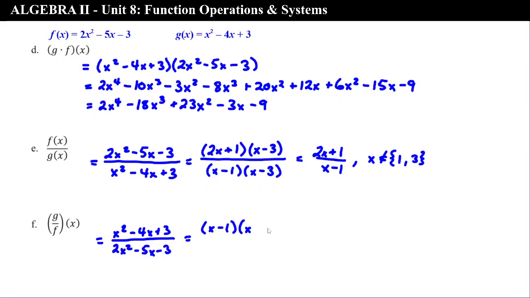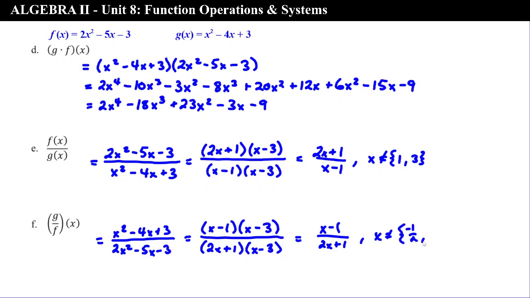So once you factored it in the previous one, you don't have to go through that work again. You can just simply write down what the factorization is. We know that x minus 3's will cancel, and so you'll end up with x minus 1 over 2x plus 1. And in this case, x cannot be negative 1/2, and it can't be 3.